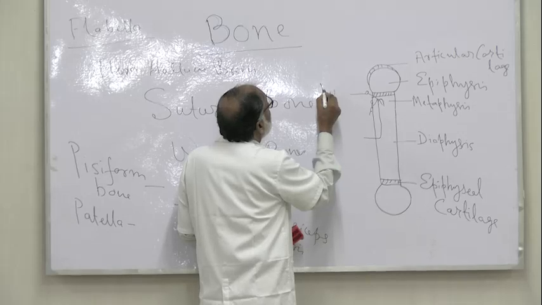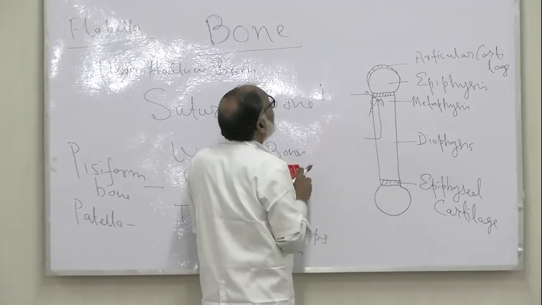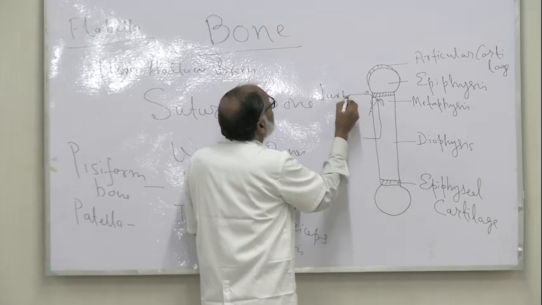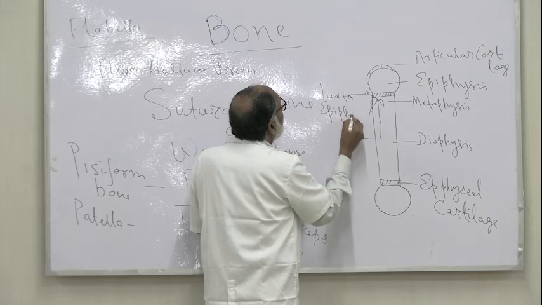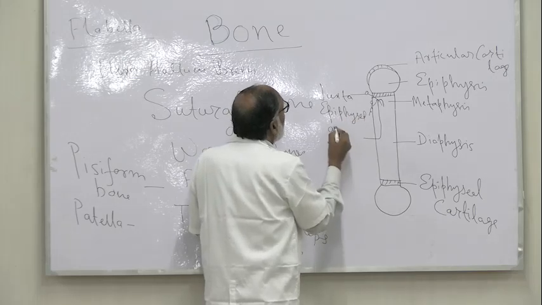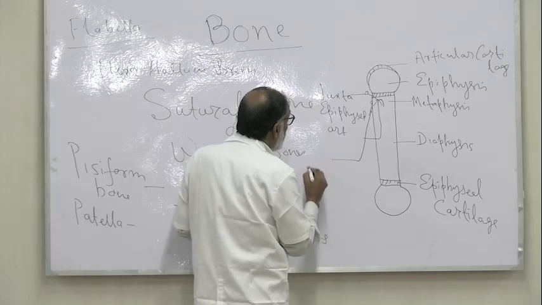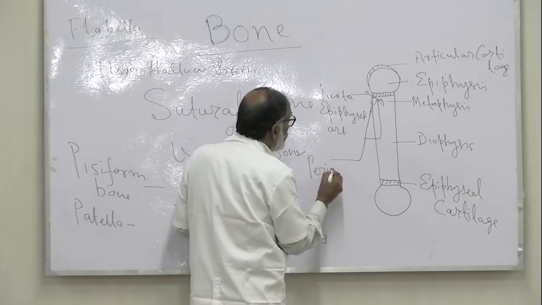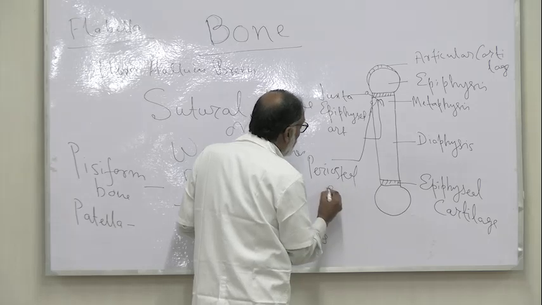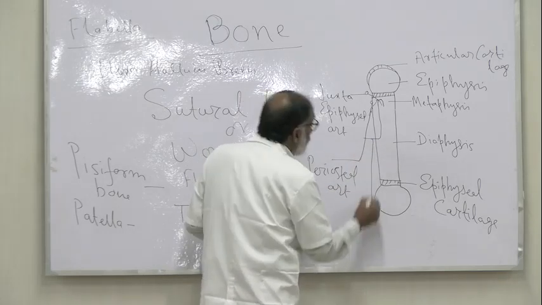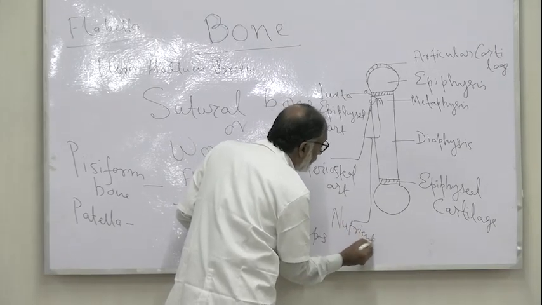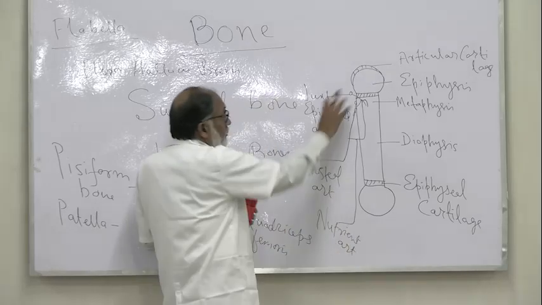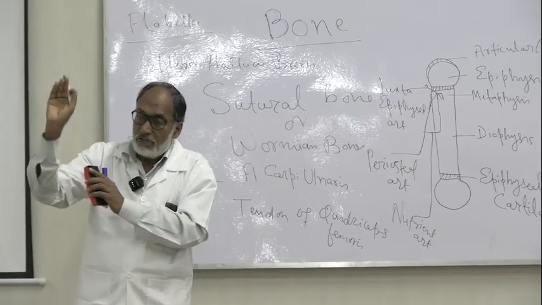Juxta epiphyseal artery, and this artery is periosteal artery, and this is nutrient artery. So these three arteries are supplying the metaphysis. So this is supplied by arterial supply.